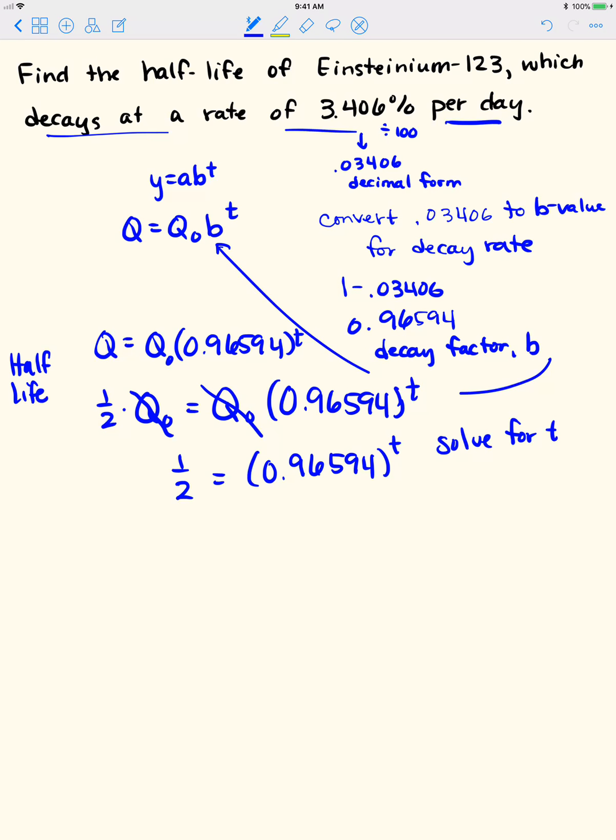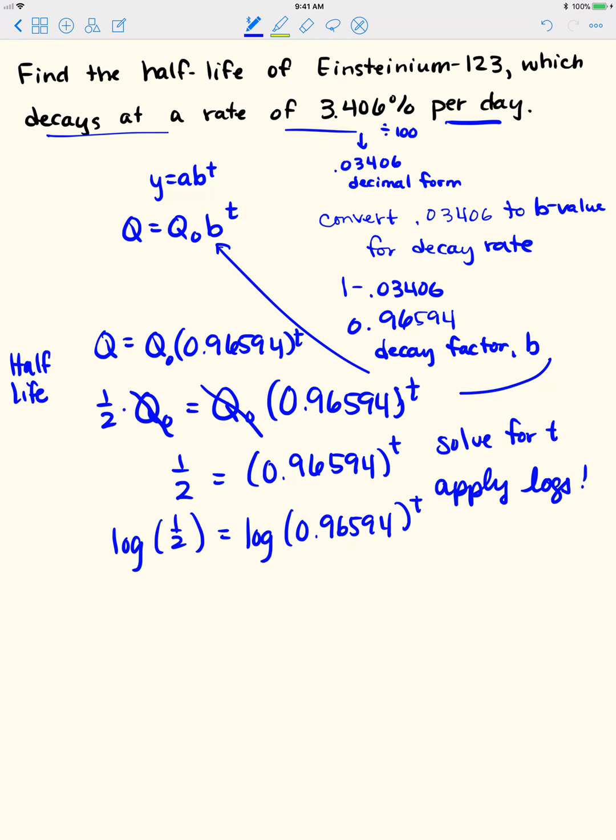And we have a base with an exponent equals a number, and it's not an e base, so you are welcome to just apply a logarithm here, or natural log, your choice. So that will take the log of 1/2 equals the log of 0.96594 to the t power.